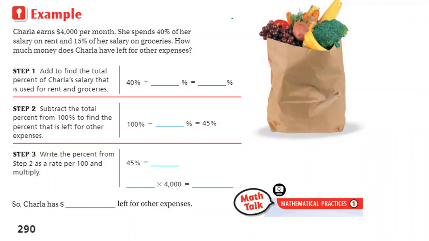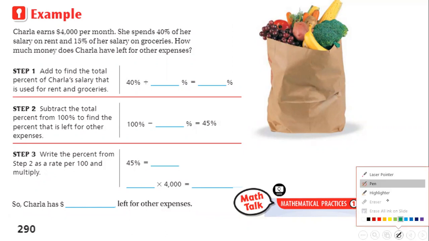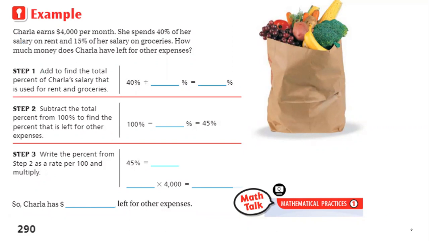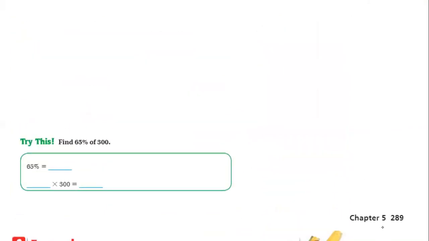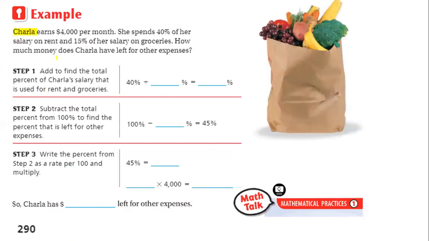Mister, can I answer? Muhammad Salah, inshallah, I'm gonna choose one of you to answer. Your turn is right now. Here, read with me, please, quickly. Carla earns $4,000 per month.